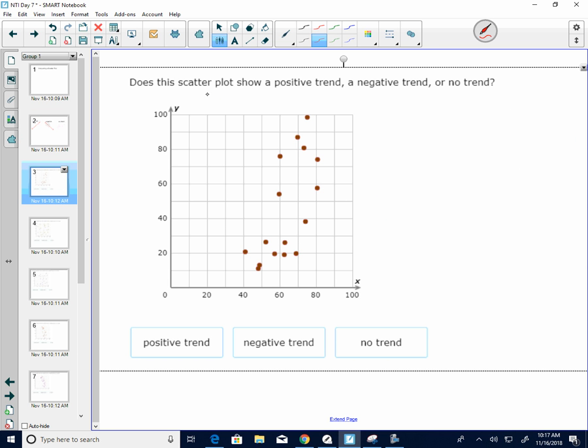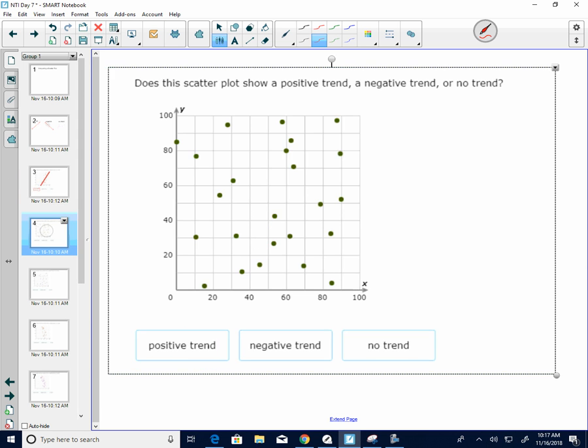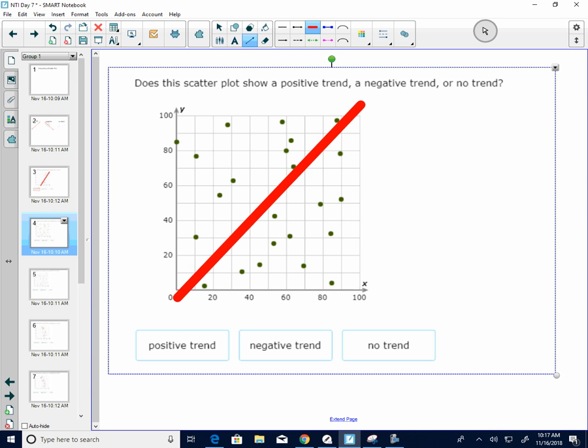It says, does this scatter plot show a positive trend, negative trend, or no trend? If I try to draw a line through these, my line would go this way, so these would be said to have a positive trend. If I look at this next example, there's really no way that I could draw a line.